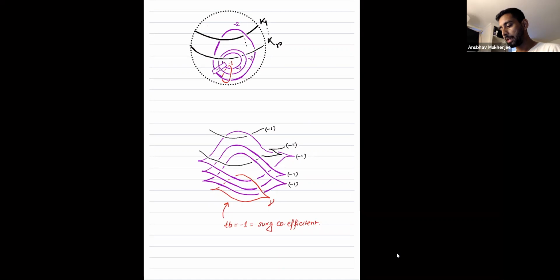So if somehow we can take care of gamma, then we can hope to embed this whole 4-manifold into a Stein 4-manifold. So how do we take care of this framing of the knot gamma?